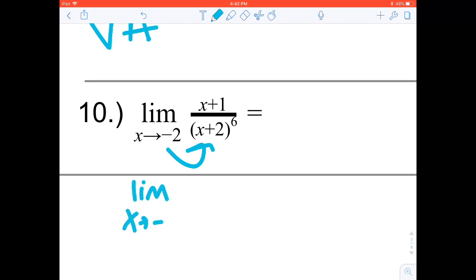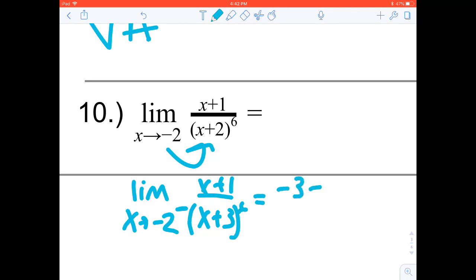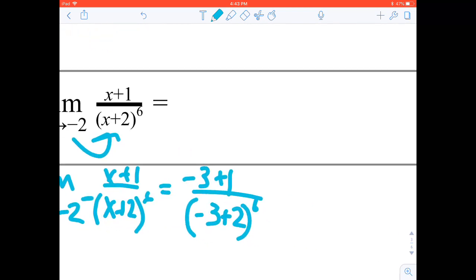So let's say the limit as x goes to negative 2 from the left would mean we'll plug in something like negative 3. So I have this function here, plug in negative 3, oops, I did not mean to write a 3 there. That's going to be negative 3 plus 2 to the 6.